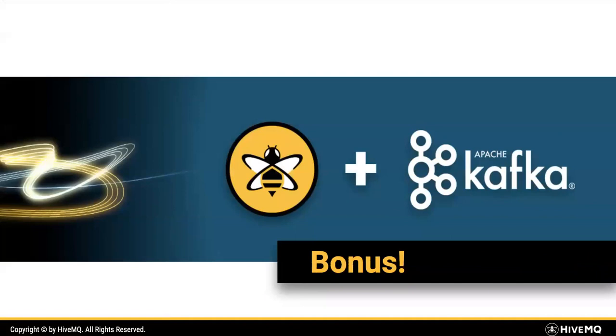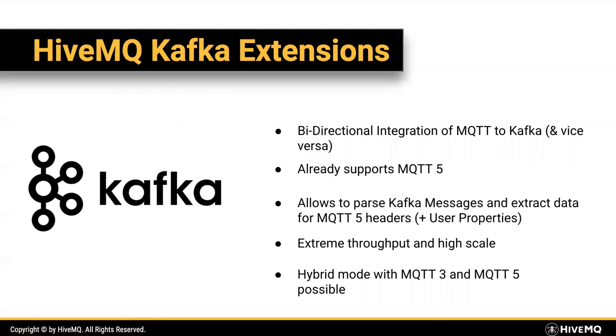Okay, as a bonus, MQTT 5 and Kafka. Is this possible? Short version, yes. So HiveMQ integrates nicely and neatly with Kafka. And it has bidirectional support for streaming messages from MQTT to Kafka and also consuming messages from Kafka and sending them out to your devices.